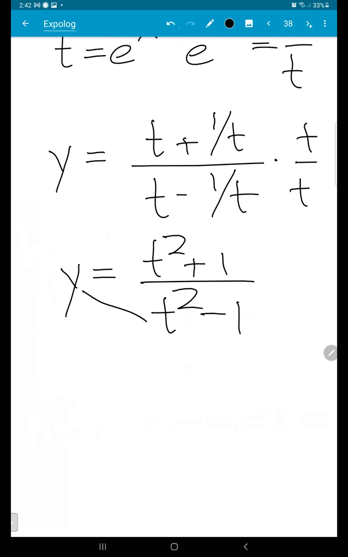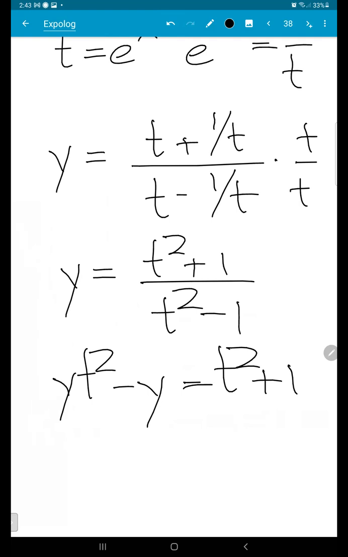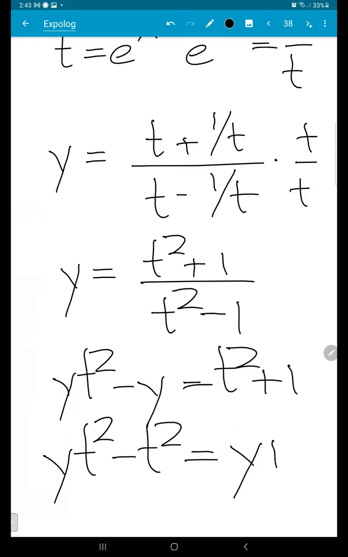Okay, this first: y t squared minus y, and this plus 1 times 1. Then we're solving for x, so that means we have to solve for t first. We collect all with t on one side, so we transpose t, and those without t transpose to the other side.